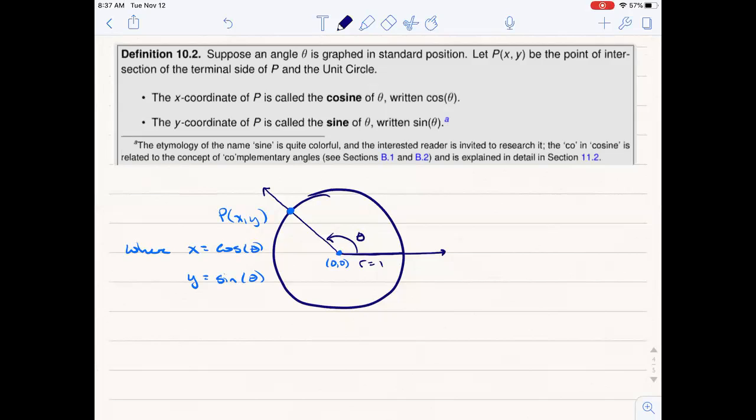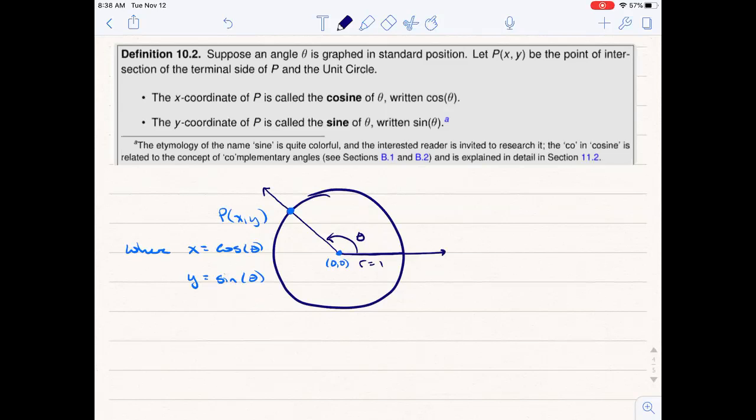So what that means is that if we're able to find the x and y coordinate of the point where the terminal side intersects the unit circle, right, that's a lot of terminology in there, that might get kind of lost, right? But the terminal side has to intersect the unit circle at a point P. If we're able to find x and y, then we'll know that x is cos theta and y is sine theta. Right, so we're going to use that fact to find cos theta, sine theta.